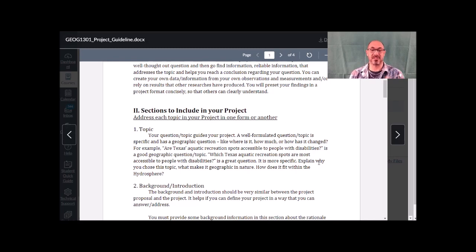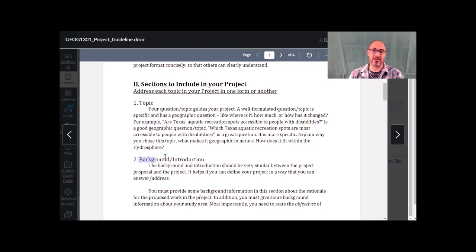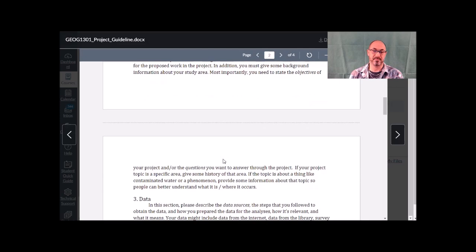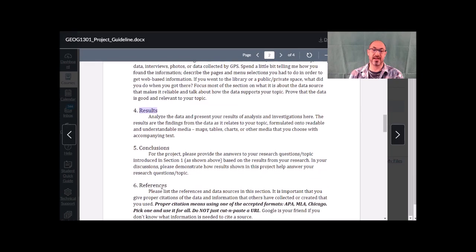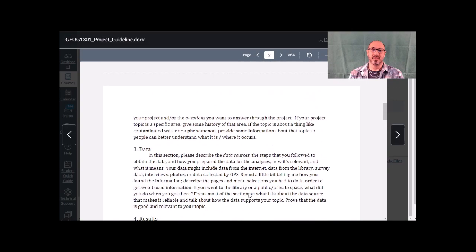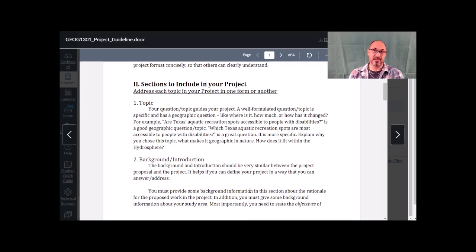Now, if we look at the sections to include in your project, you'll see that they're the same sections as in your project proposal. You have a topic, the background and an introduction, data, and results, and conclusions, and finally a reference section. To begin, you're going to take your project proposal and use it as a framework and expand it out.